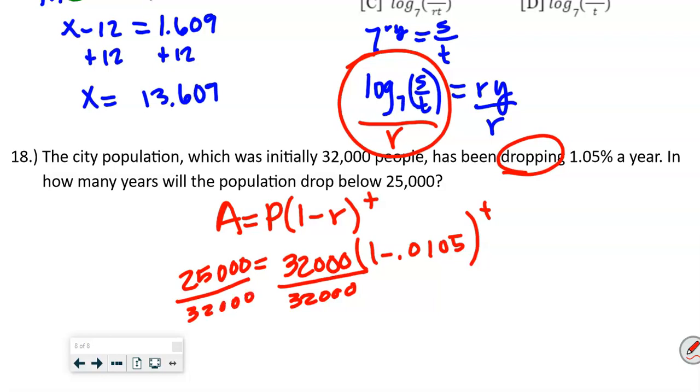Okay, so when I did that, I got 0.78125, and that was equal to, now I'm going to go ahead and do that 1 minus the 0.0105. And when I did that, I got 0.9895 to the t power.